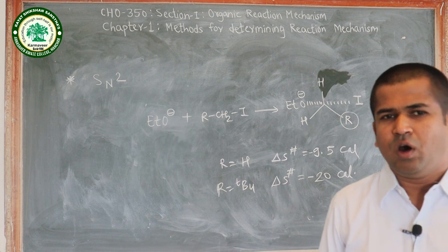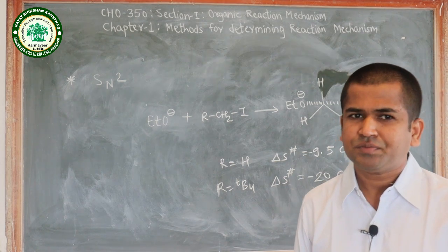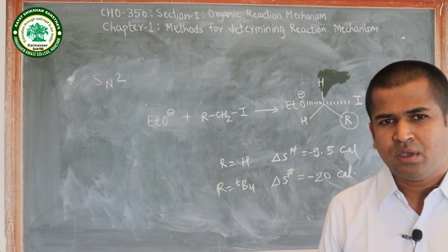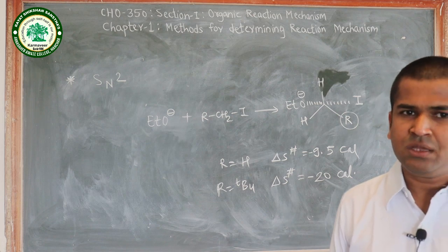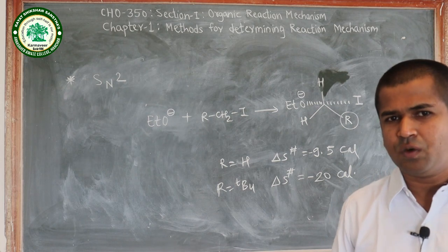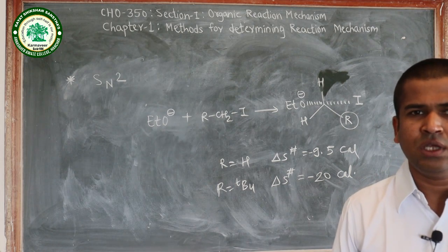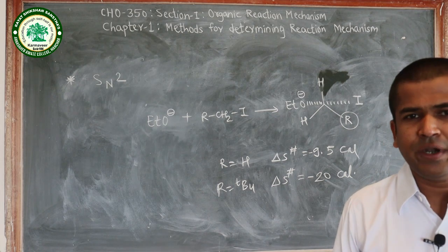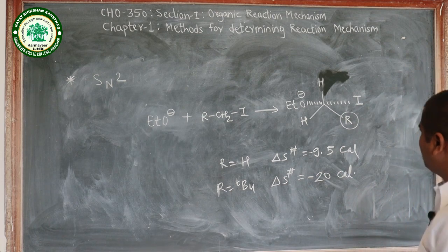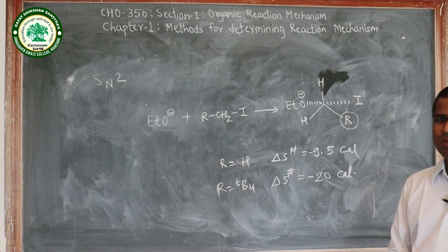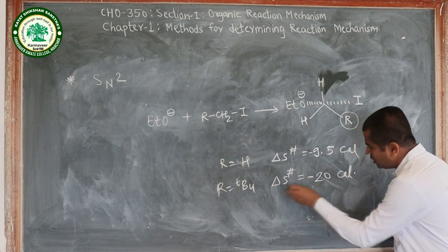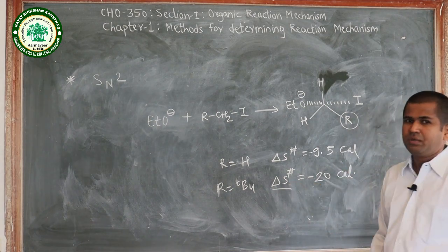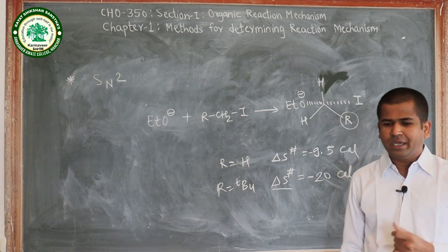So here we observe in SN2 type of reactions, we observe a negative entropy of activation. That means there is a loss in the degree of freedom of a molecule. As the bulkiness goes on increasing, there is more and more loss in degree of freedom. So this value, entropy of activation, becomes more and more negative.